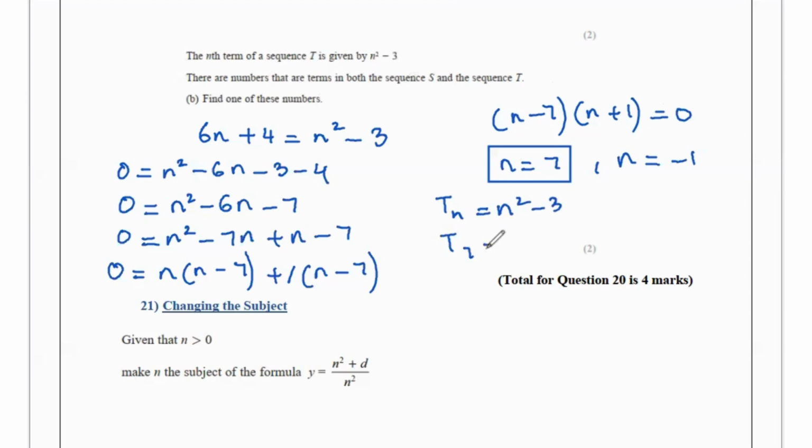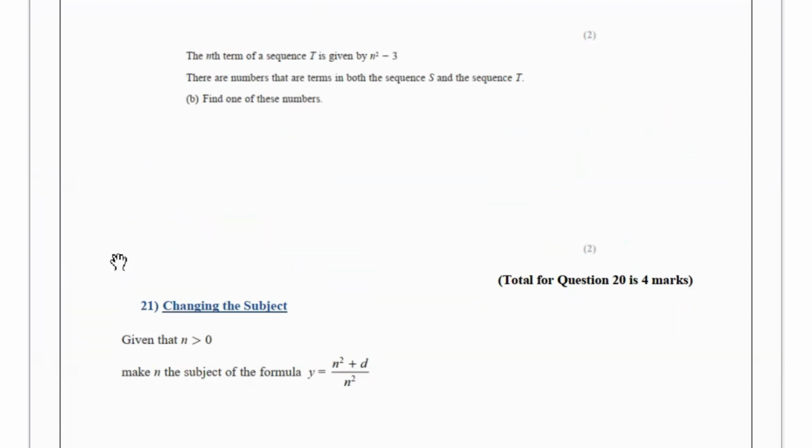The seventh term would be 7 squared minus 3, which is 49 minus 3, and that is 46. You can also put it in the other one, which was 6n plus 4. So T7 would be 6 times 7 plus 4, which again gives us 46.